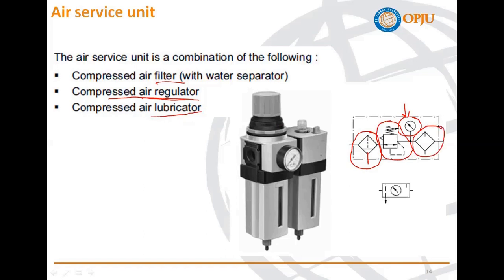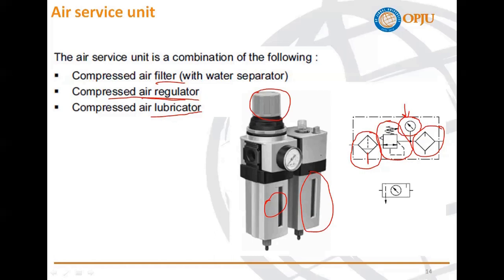So in the third unit, if this is a filter unit, okay, from this knob I can regulate the compressed air, and the second section shown over here is called a lubricator. The lubricant is in mist form, just like a spray, and it is sent into the compressed air.